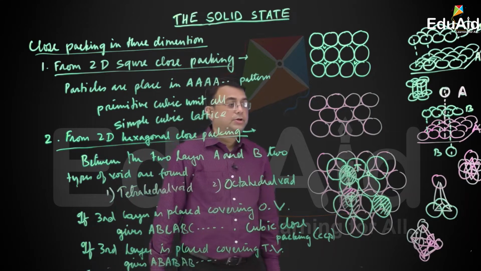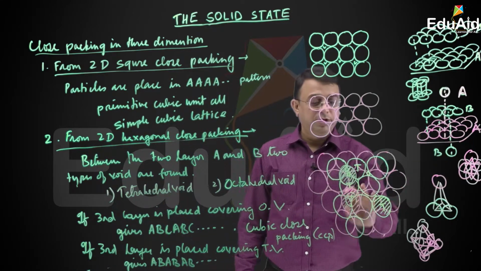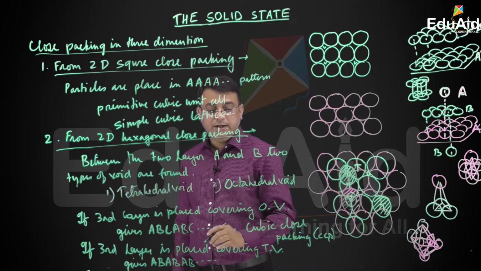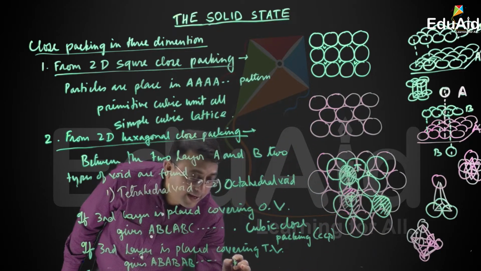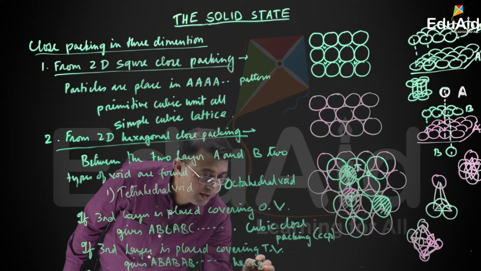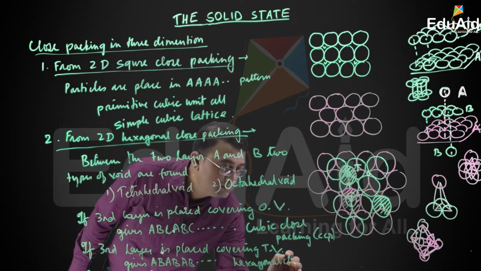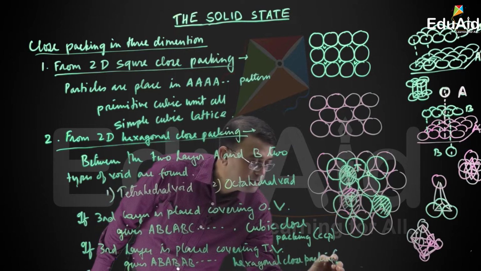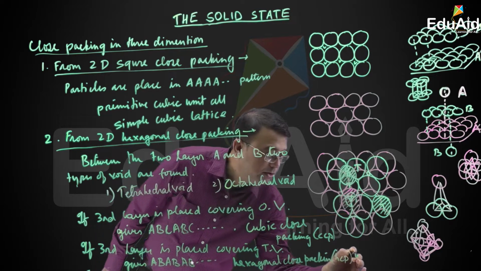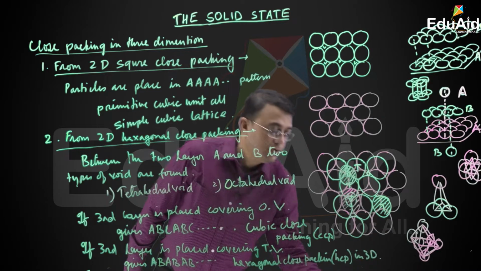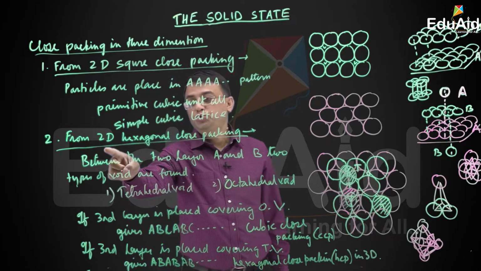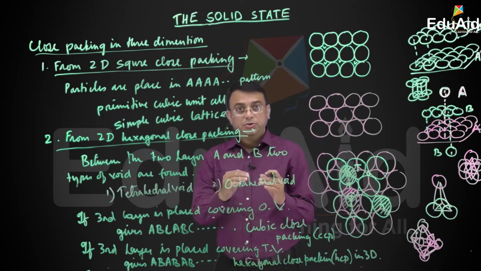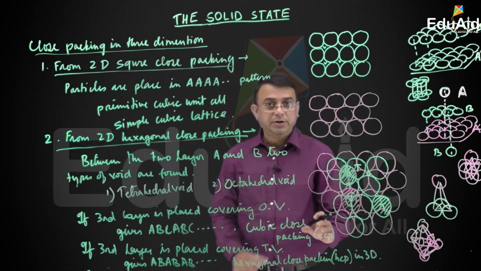If the third layer is placed at the tetrahedral void, it will give ABAB. Alternate layers will duplicate each other, and this is called hexagonal close packing. It is HCP in 3D. Because there is hexagonal close packing in 2D, this is hexagonal close packing in 3D. So that is how it has been constructed.